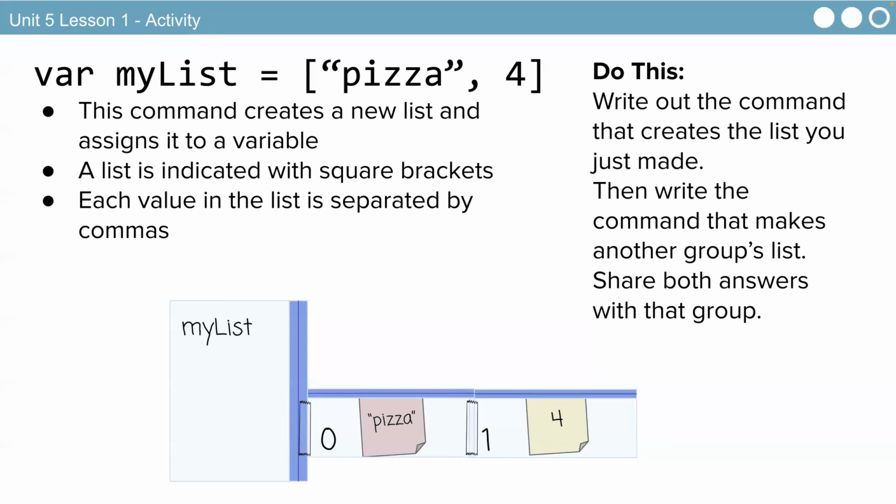Oh, yeah, that's 3. What are they? Pencil, binder, bottle. Okay, so var school equals pencil, comma, binder, comma, bottle. Yeah, because you're creating the list and you're putting all of your elements in there. I think you guys got it.